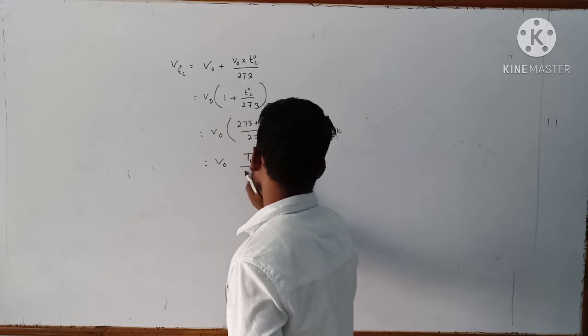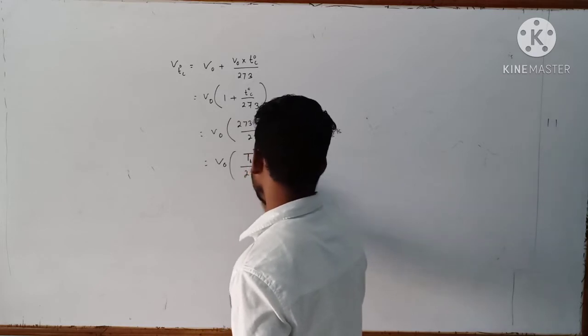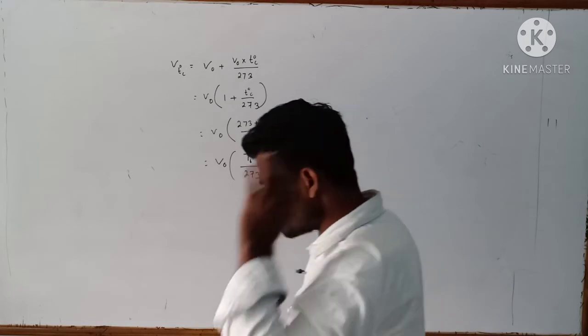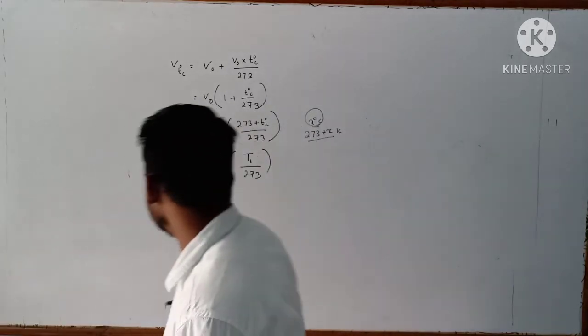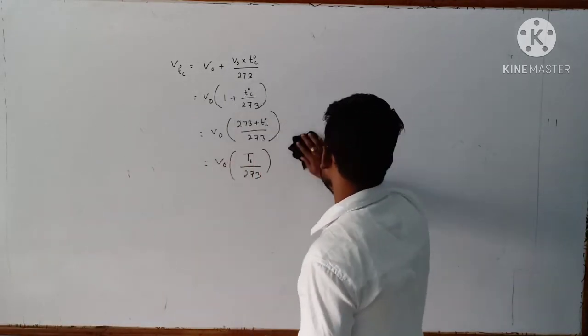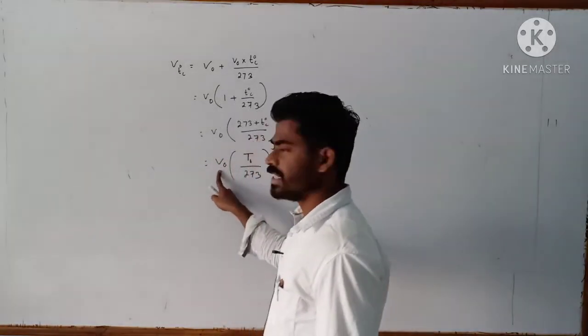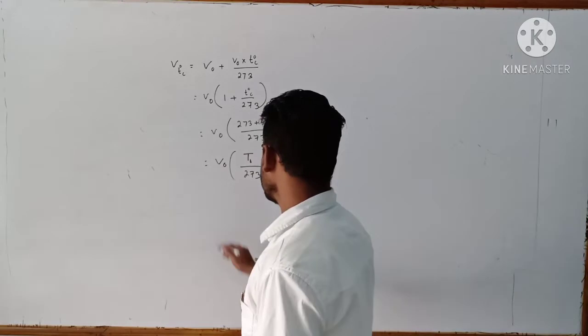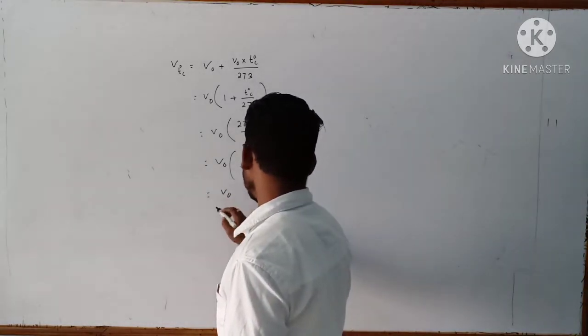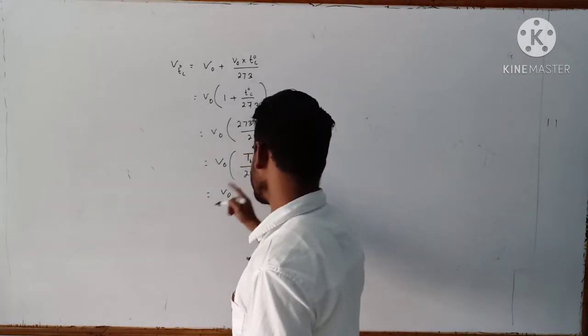Upon 273. Right now you tell me, since the original volume is constant at 0 degree centigrade, V naught is constant. So V naught and 273, these two factors are constant.